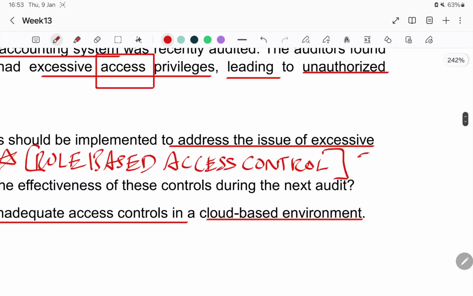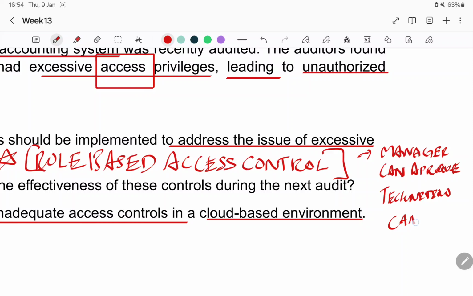So we say the manager can approve, the technician cannot approve.